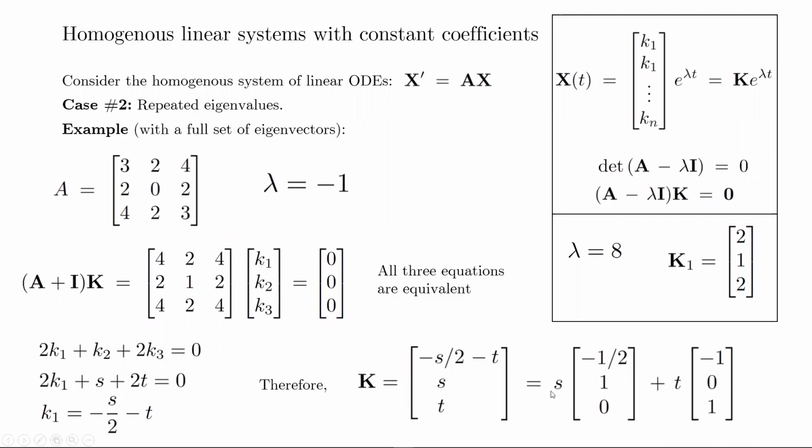The parts associated with the variable s have negative 1/2 here, 1, and then there's no s part in the third component of this vector. The parts associated with t have negative t here, 0 t's here, and 1 here. That's why I get negative 1, 0, 1 in this vector here.